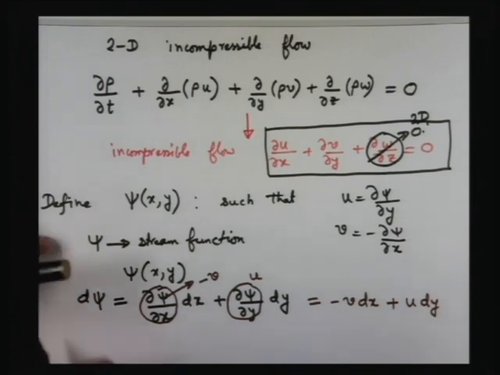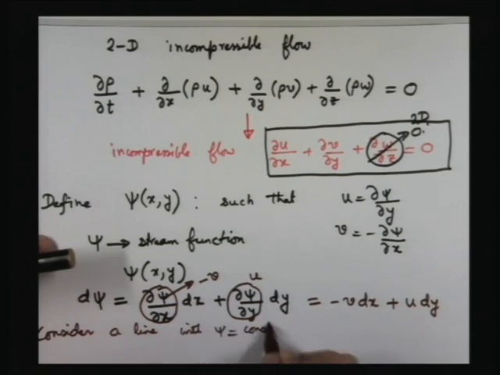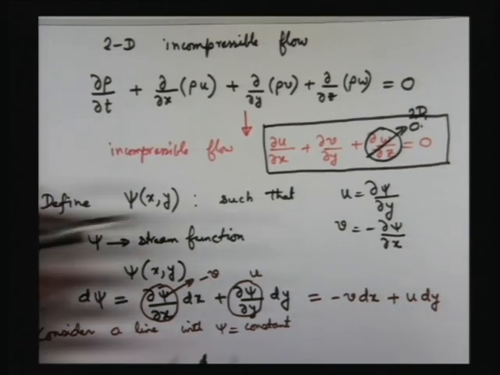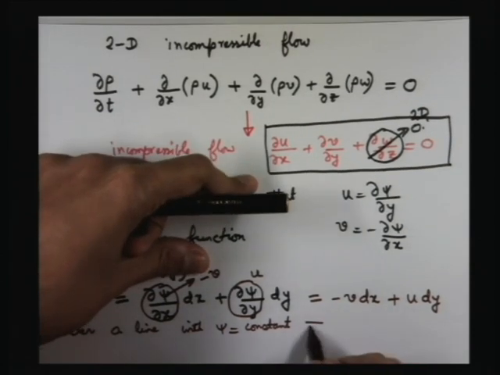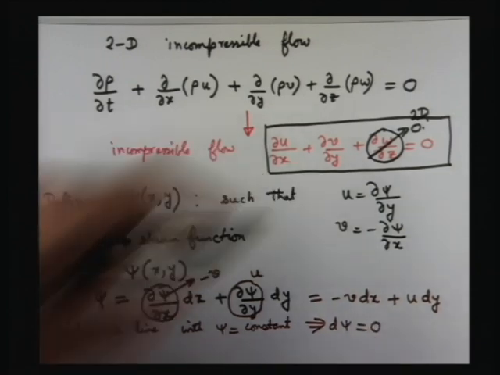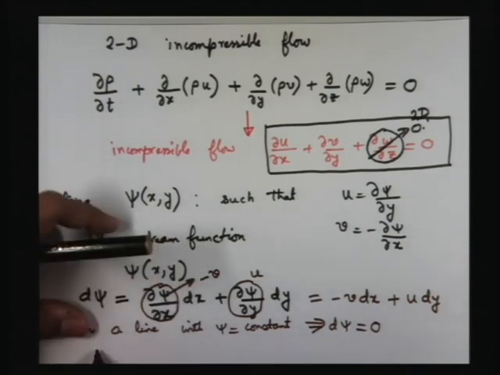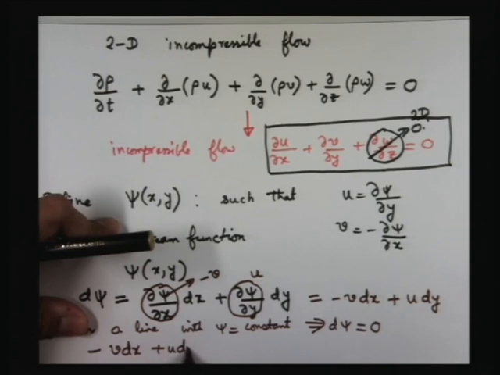So, consider a line with psi equal to constant. If you have a line with psi equal to constant, that means you have d psi equal to 0. If psi is constant, d psi must be 0. If d psi is 0, you must have minus v dx plus u dy is equal to 0.